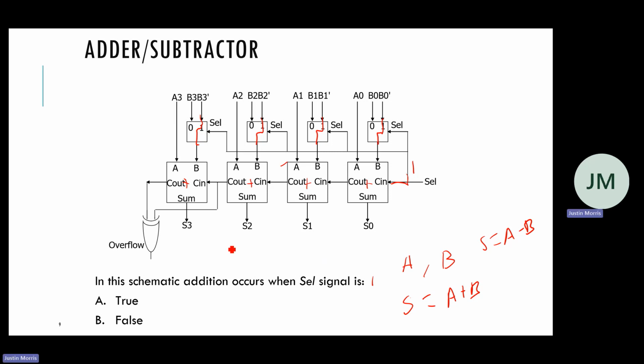So now it becomes S is A plus negative B, which is A minus B. So when the select signal is 1, it's actually subtraction, not addition. Even though the hardware itself is always addition.